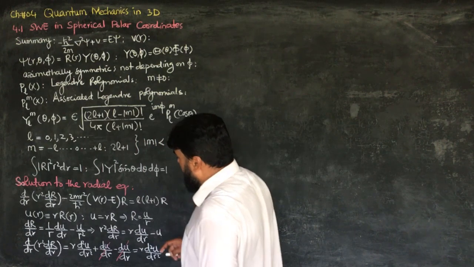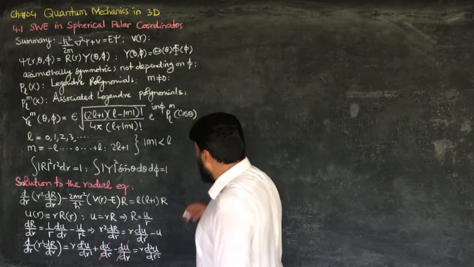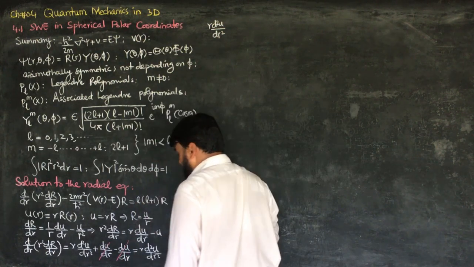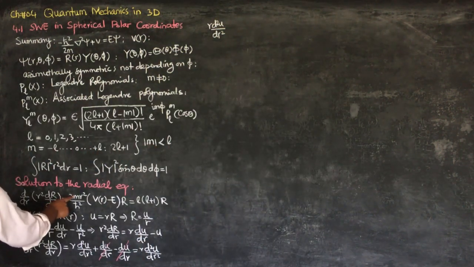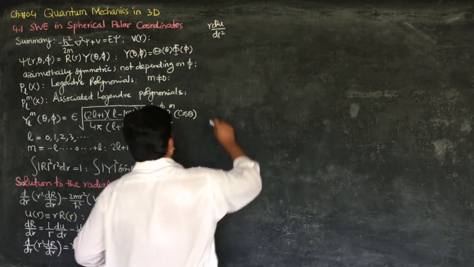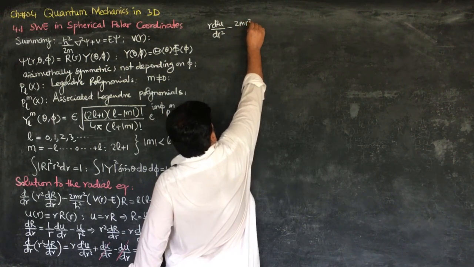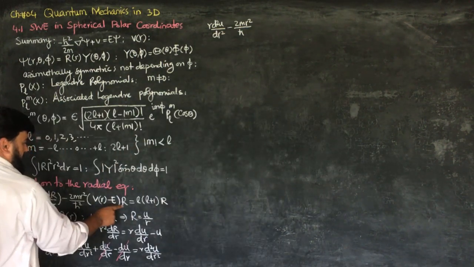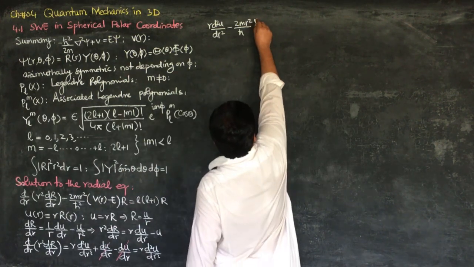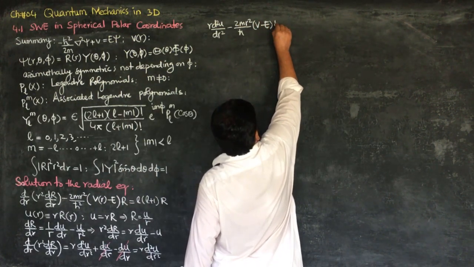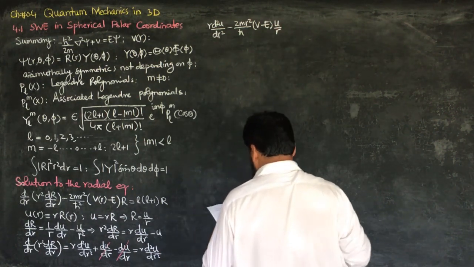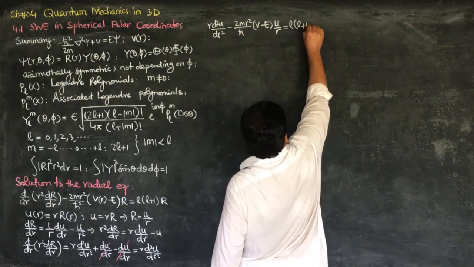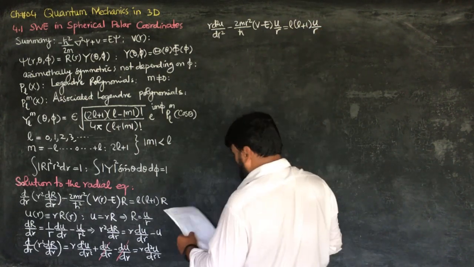For this term I put r d²u/dr², then minus 2mr²/ħ² times (V − E), and for R I write u over r, equal to L(L+1) u over r.